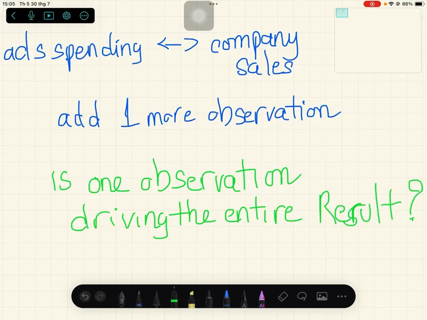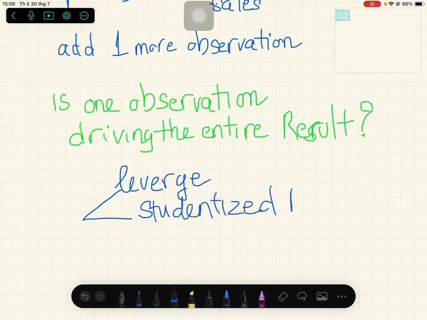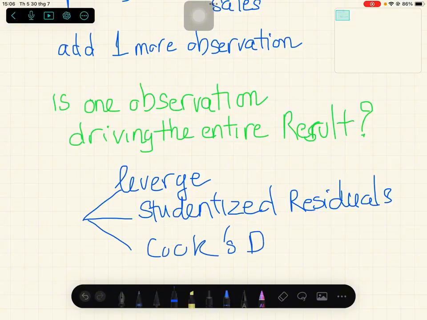Today, we are going to learn how professionals detect these influential observations using leverage, studentized residuals, and briefly Cook's D. More importantly, you will understand why these measures exist and how they protect you from making poor investment decisions.